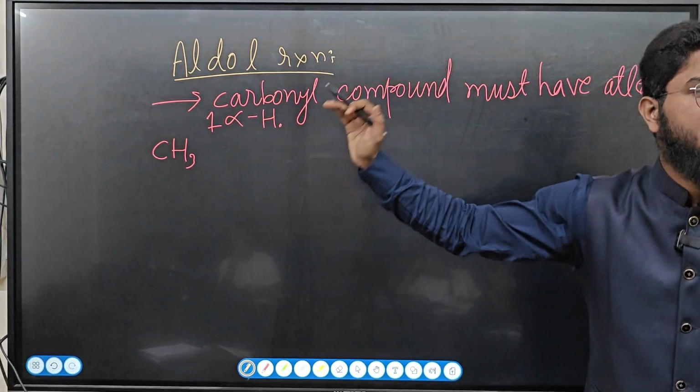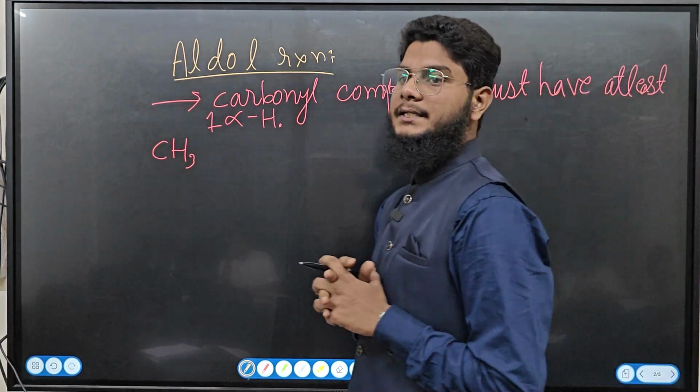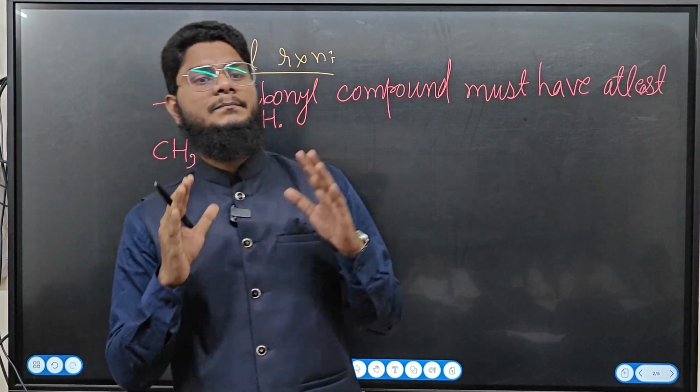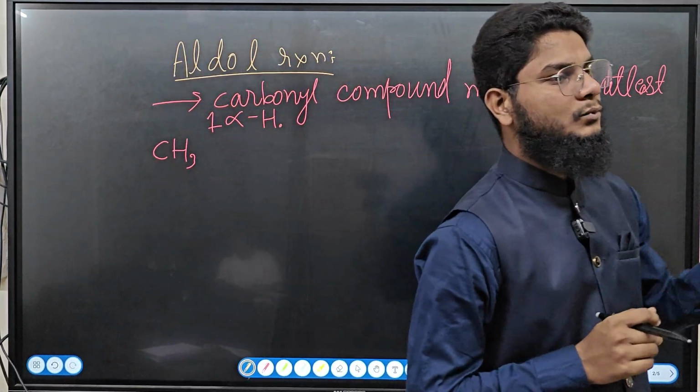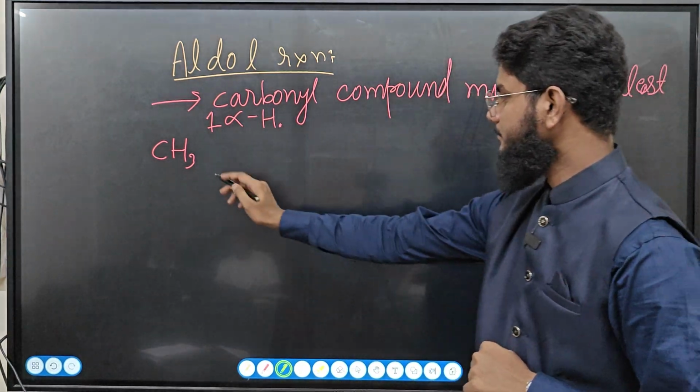This is the first condition of aldol condensation, that we must have at least one alpha hydrogen. Clear?